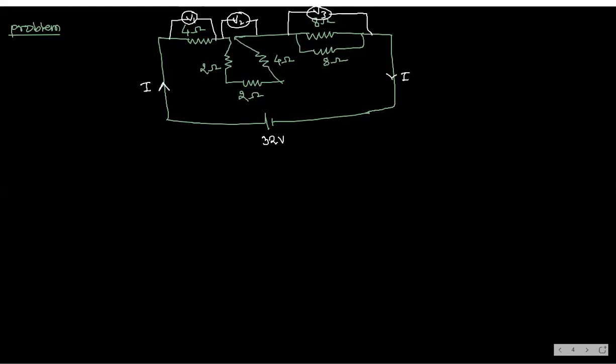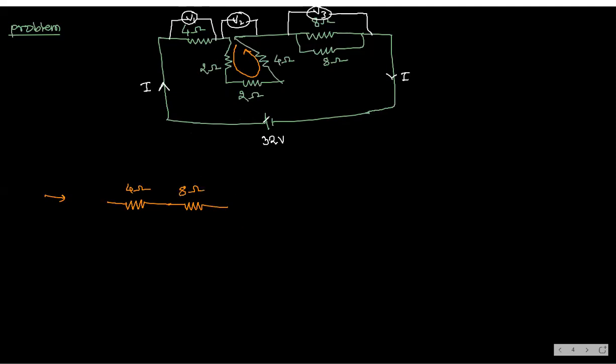So look, I will solve it once for those who didn't get it. This is all in series. Okay, there is nothing parallel here. If you redraw the diagram, you will get here 4 ohm, and here it is addition because these are all in series. So 2 plus 2 plus 4 is 8 ohm.